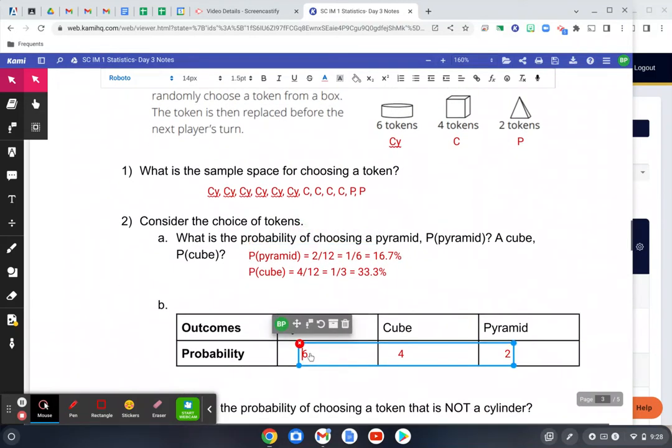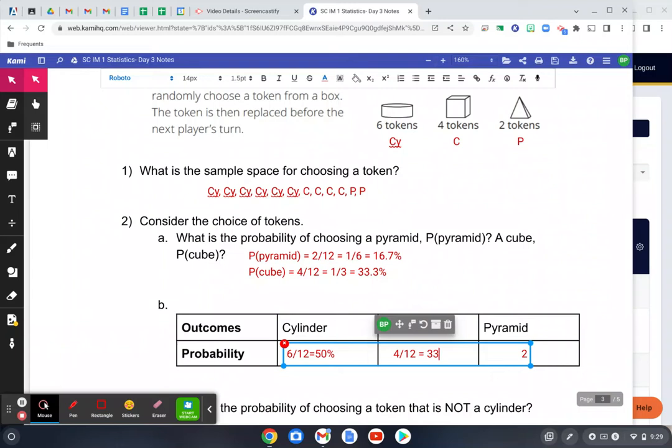Now, again, if we organize this into a little table here, what is the probability of drawing a cylinder? That's going to be your 6 out of 12, or 50%. This guy right here, what's the probability of choosing a cube? We already said that was 4 out of 12, which is equal to 33.3%.